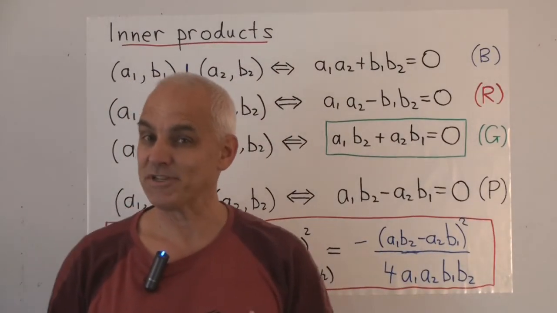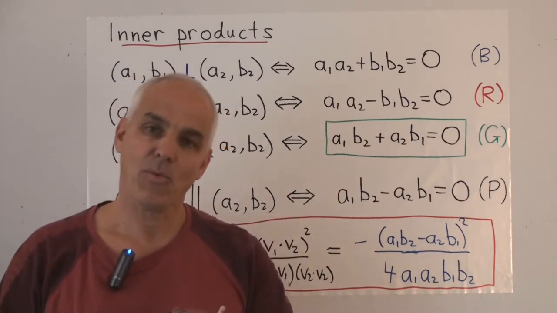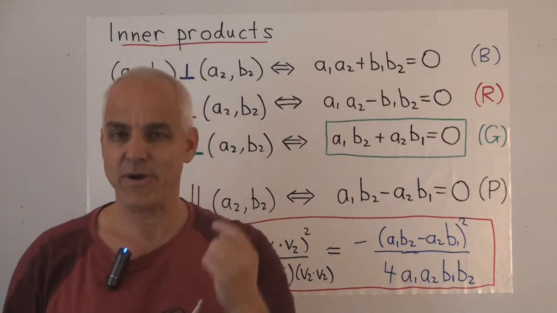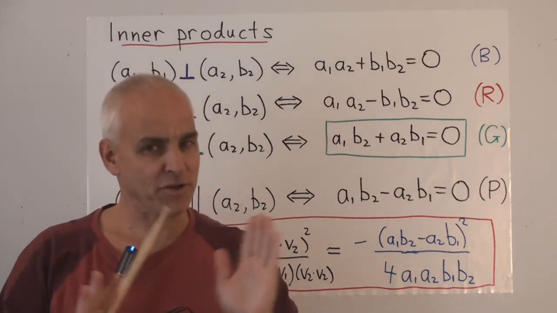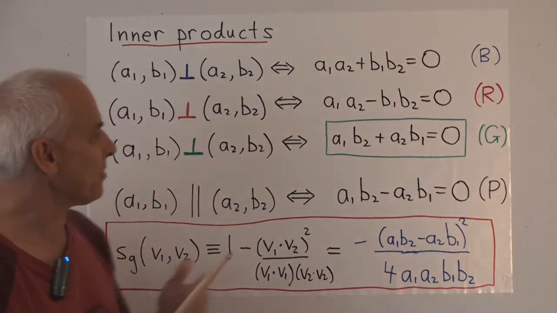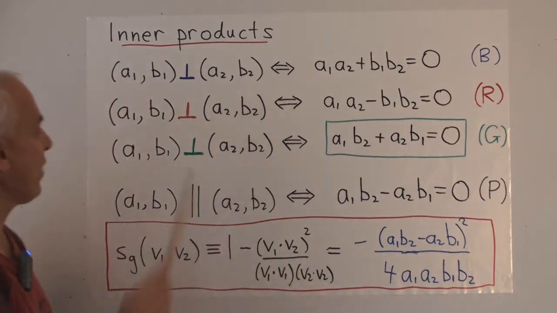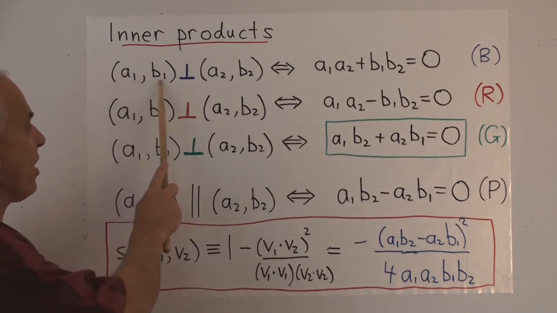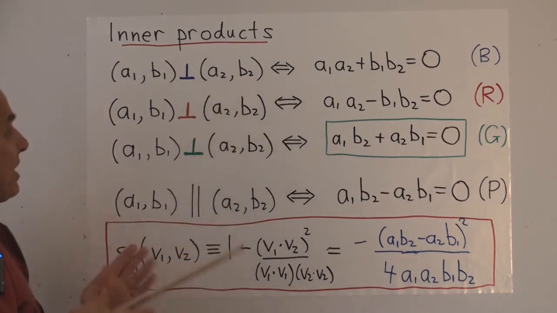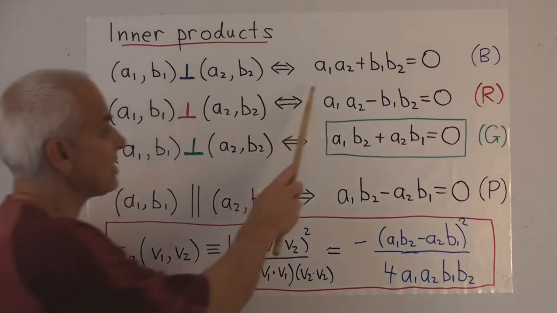Now there's a slightly more sophisticated way of approaching what I did on the previous slide, which uses the idea of an inner product, which is part of linear algebra. But we're not going to use any linear algebra in any serious way here, so let's just think of the inner product in a very naive, direct way. If we have two arbitrary vectors, a1, b1 and a2, b2, then we can express the perpendicularity between these two vectors in terms of this expression here.